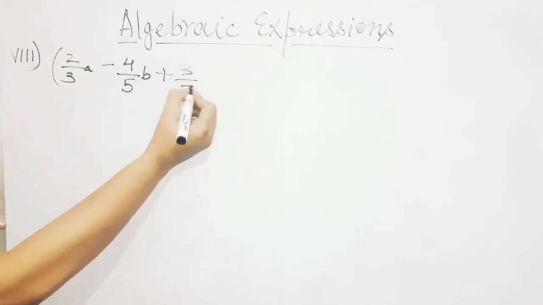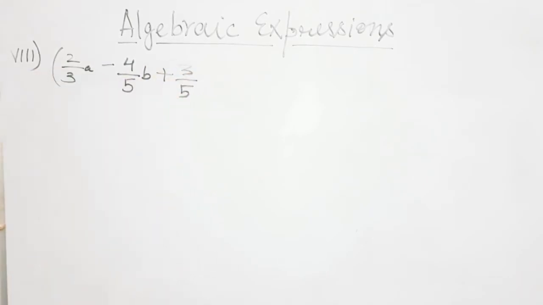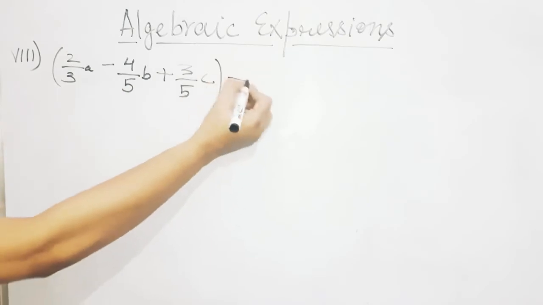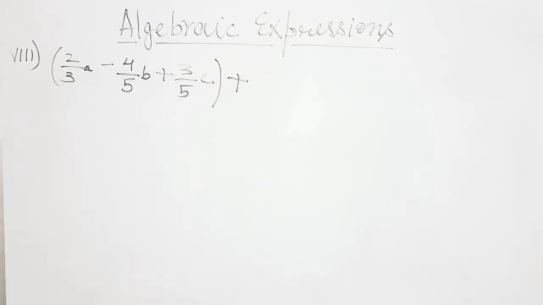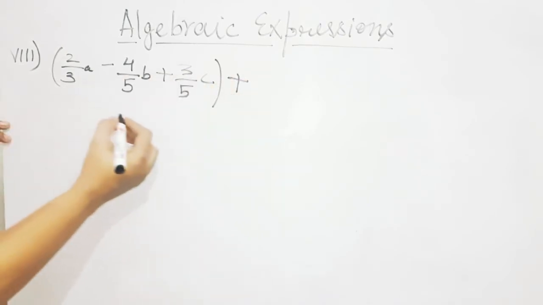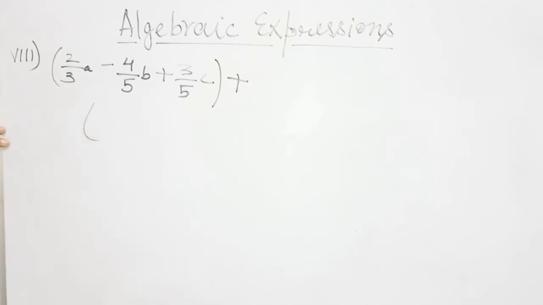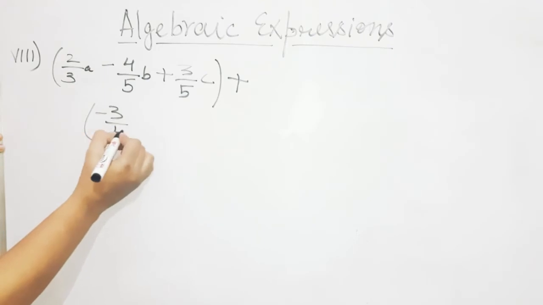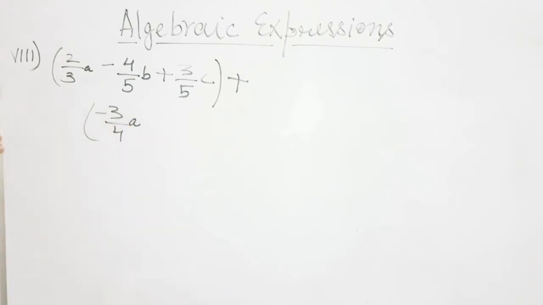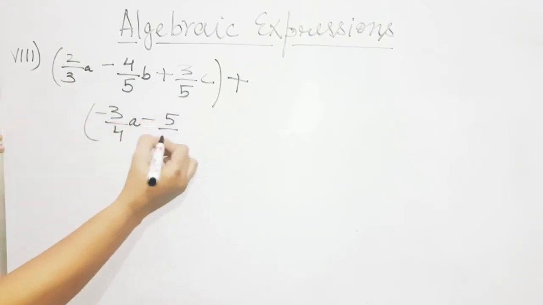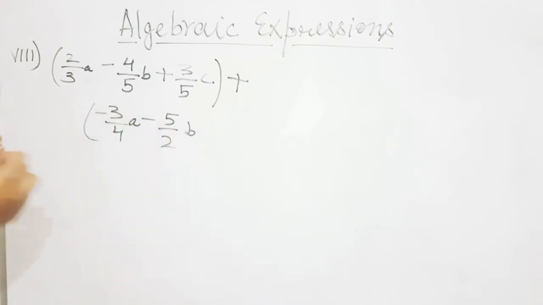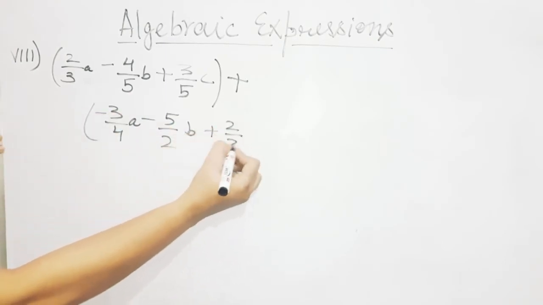It will become our habit to keep the algebraic expressions in bracket, and whenever we solve the questions based on subtraction of algebraic expressions, it will be easier for us because the signs are changed, right? So minus 3 upon 4a minus 5 upon 2b plus 2 upon 3c.